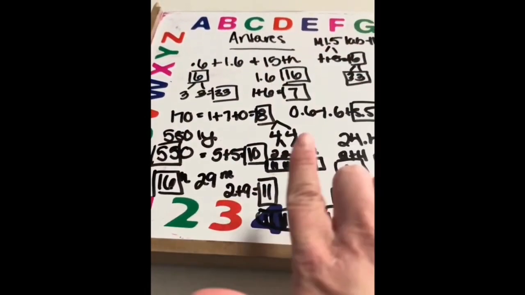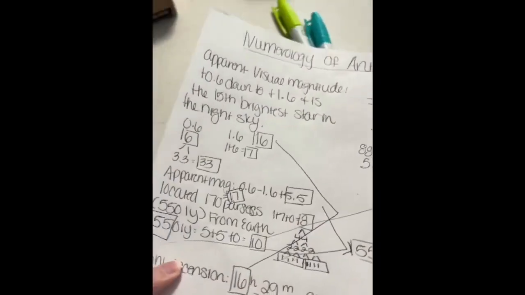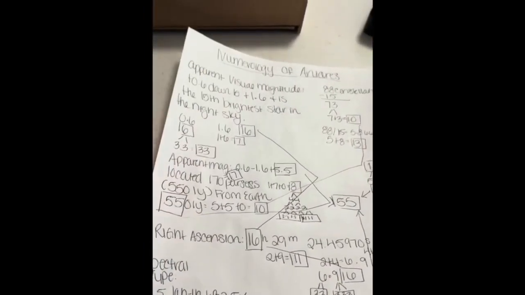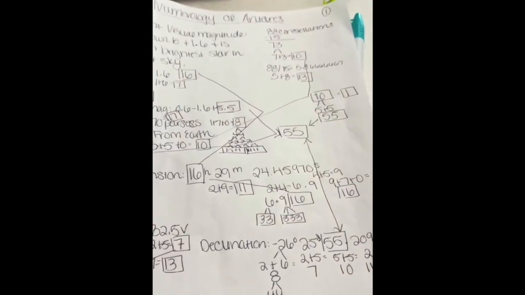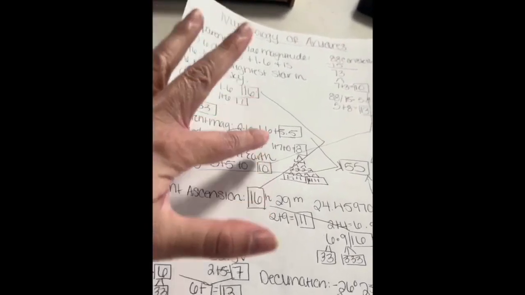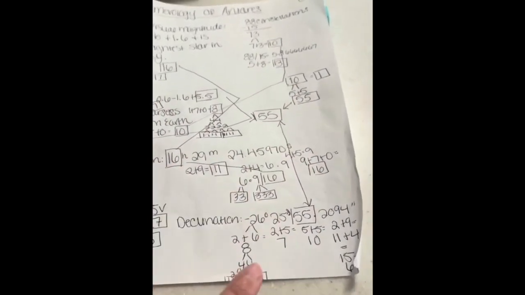So here's all the calculations that we did together on the camera, and here we have the same thing. So as you can see, with all the numerology here that we've done for this first page, we have a 16, 6, 33, 7, lots of 55s, lots of 10s, 11s, 13s, 33s, 11, 11s, and 55s.